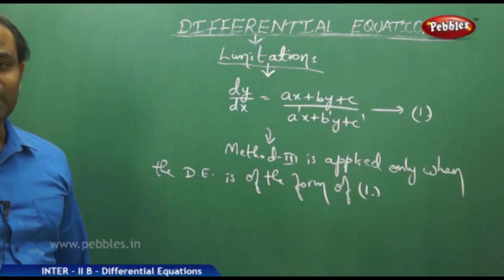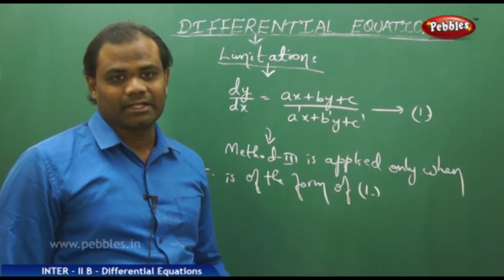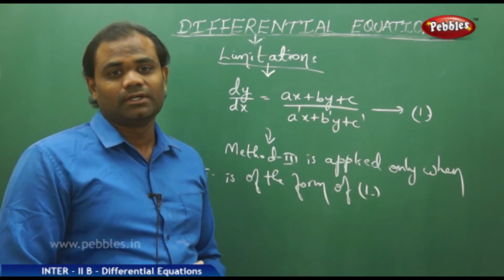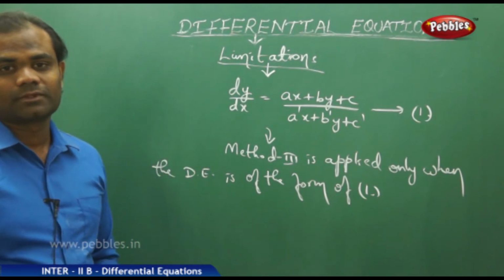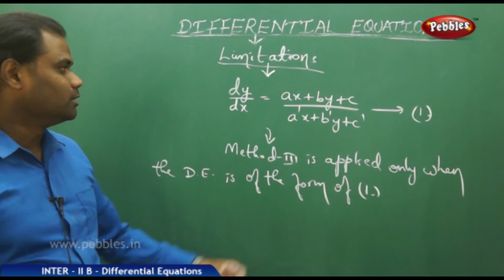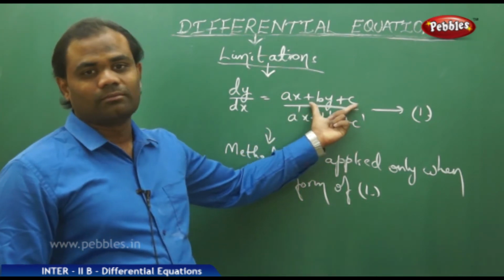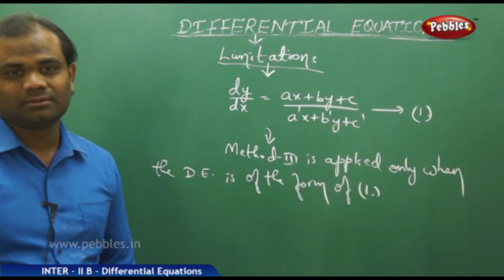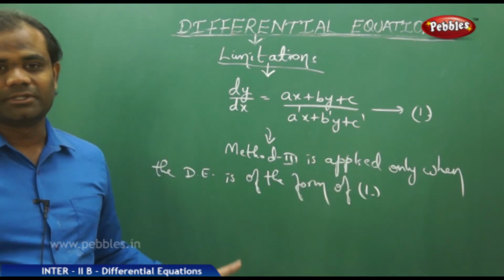Other than this, I cannot use it if the right hand side has another homogeneous or other non-homogeneous differential equation. Non-homogeneous differential equation is restricted only to the form of the linear form in the numerator and the denominator, is how it's limited.